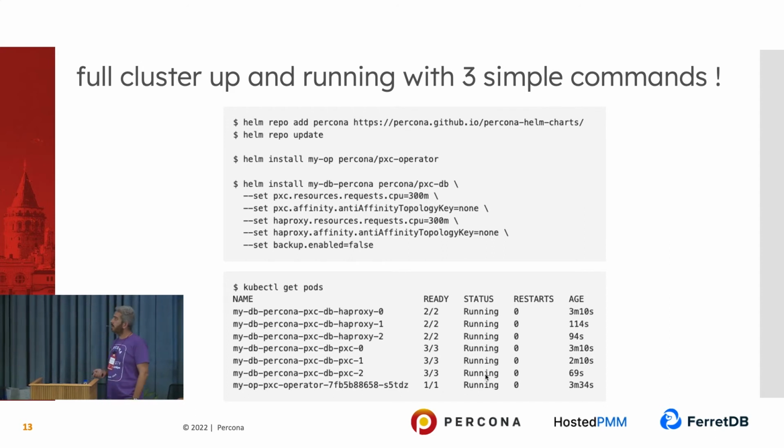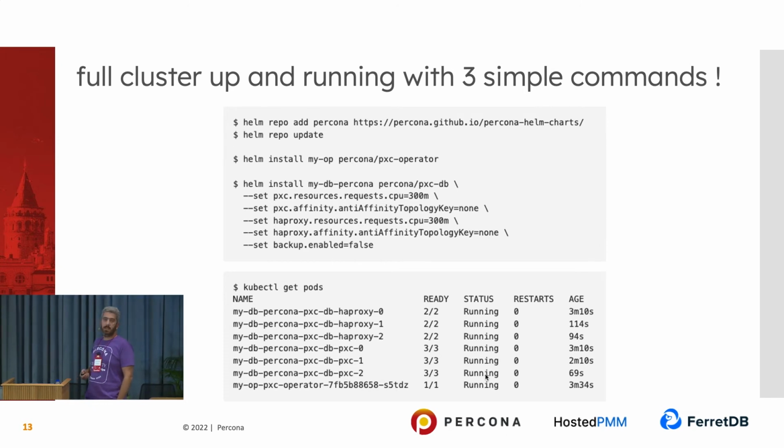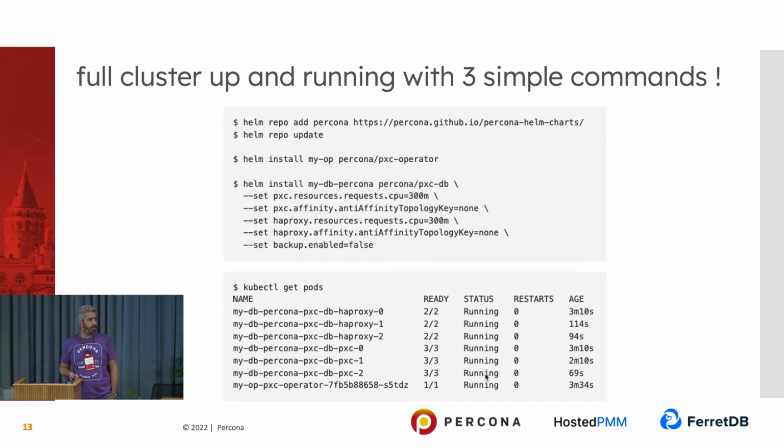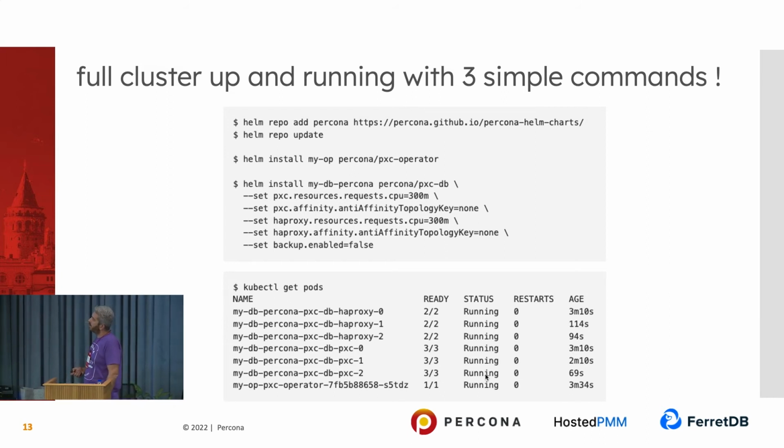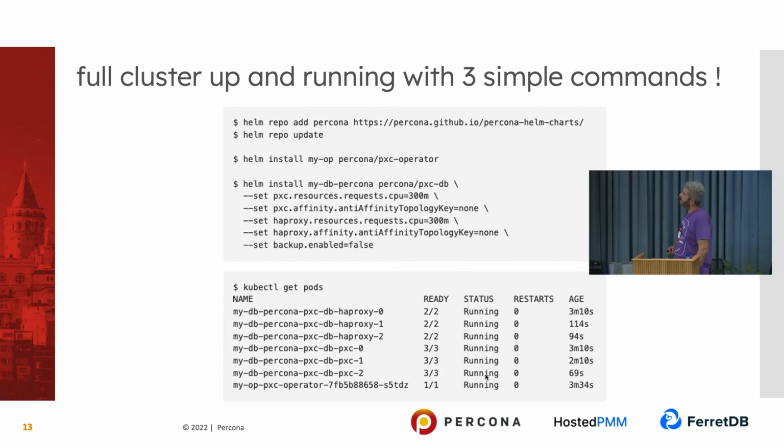And kubectl is the command used for Kubernetes. I get, for example, the pods, and this output shows me that I have a 3-node PXC cluster here, and another 3-node HAProxy.